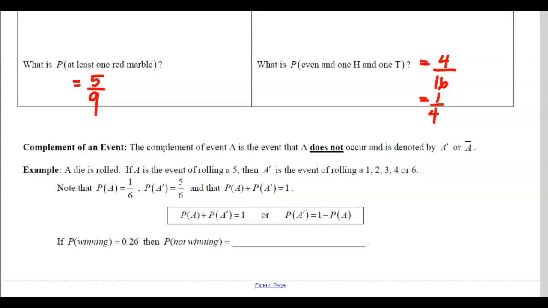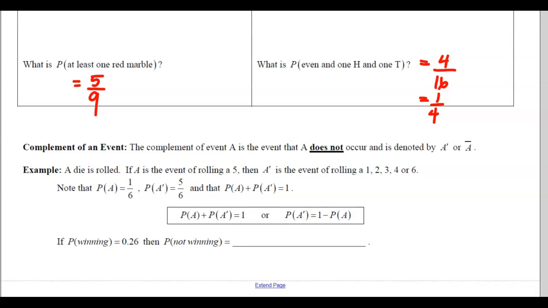So, probability of event A is 1/6. Probability of the complement is 5/6. It's 1 minus this. So when you add the probability of the event A and its complement, you always get 1.